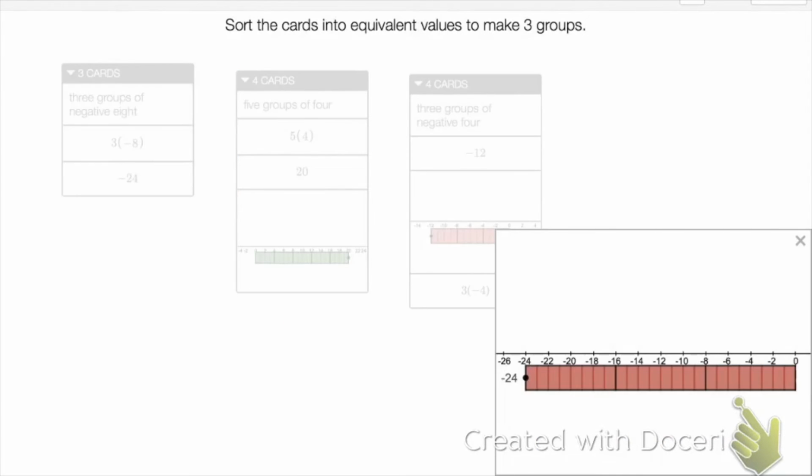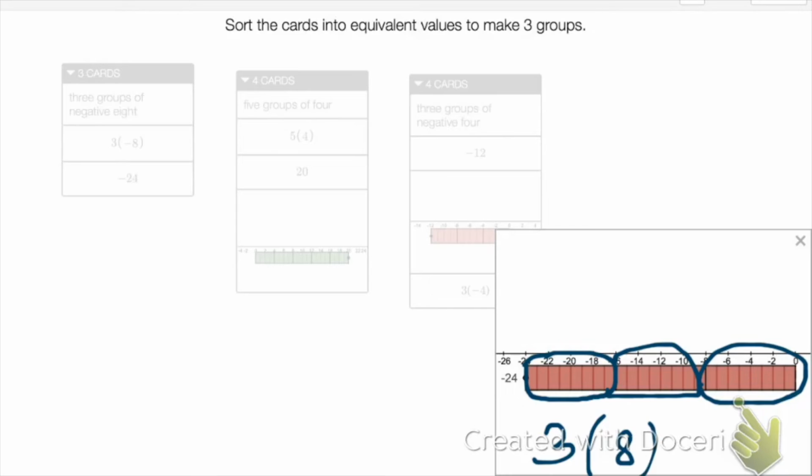And the last picture, let's look at that. How many groups do I see? I see 3 groups. And how many bars per group do I see? 1, 2, 3, 4, 5, 6, 7, 8. I see 8 bars in total.